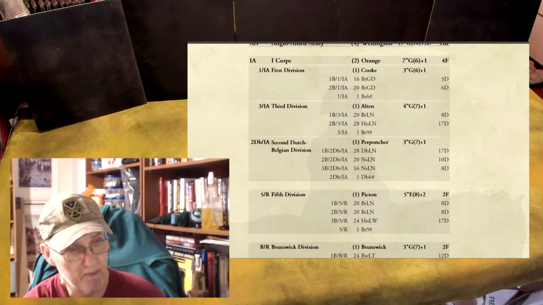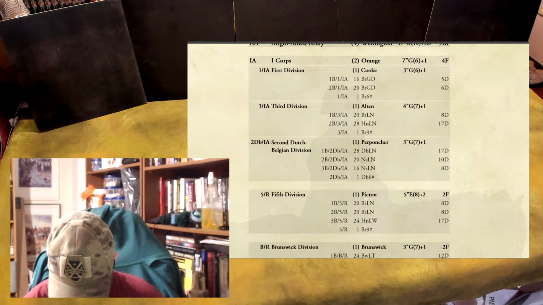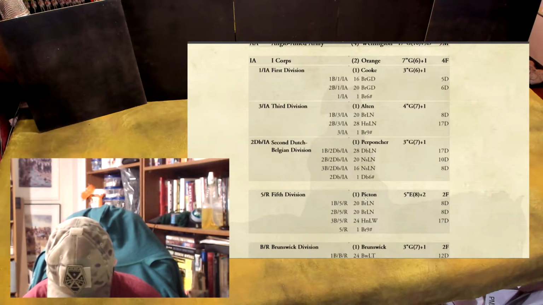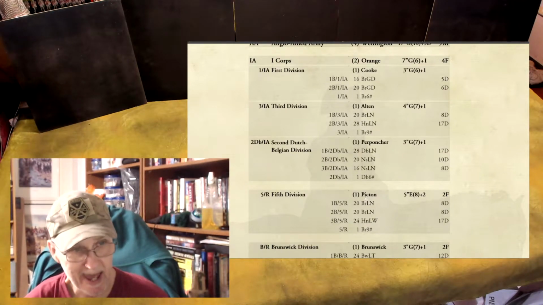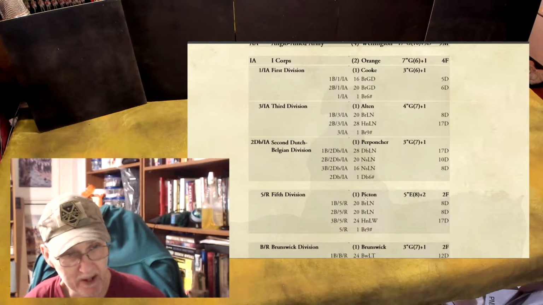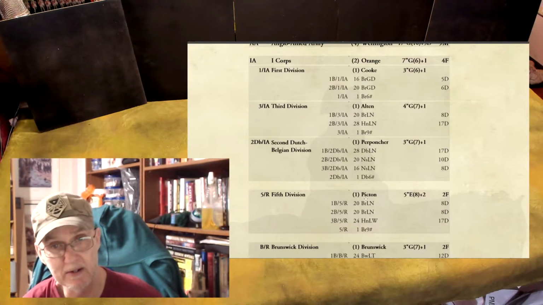Now, Picton, on the other hand, he's got almost as much command as a corps. He's got a 5-inch, but he's also excellent, 8, and +2. They're giving him all the good numbers.